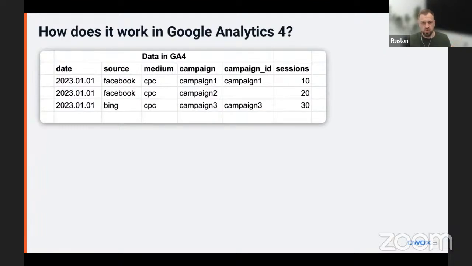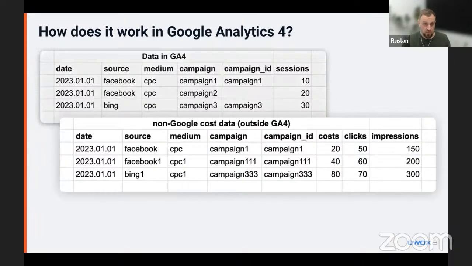Remember, I have shown you how that works in GA Universal. So, in some basic simplified way, this is how it looks like in GA4. So you have the behavioral data inside GA4 and cost data outside GA4. We are talking about non-Google cost data in this webinar, actually.